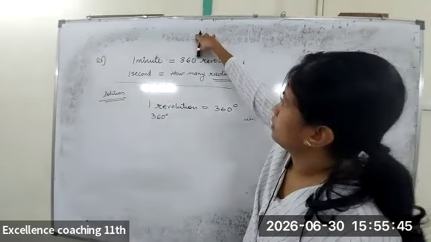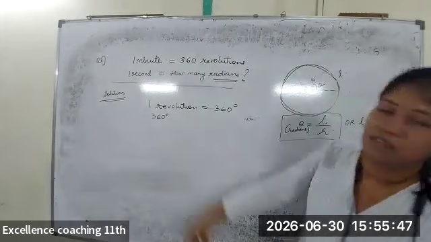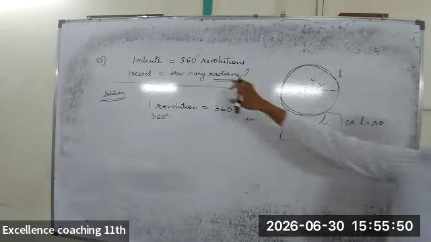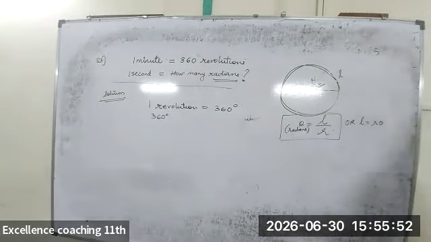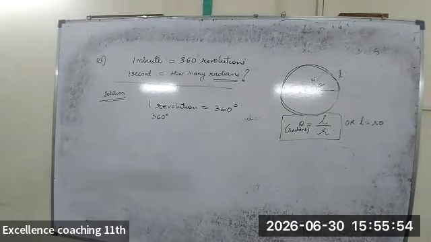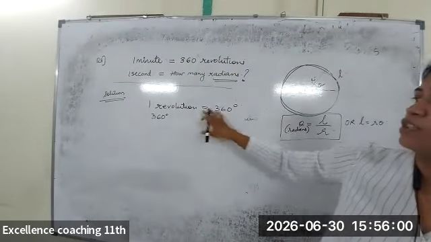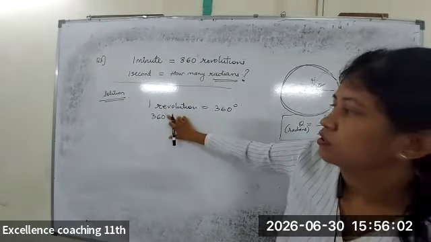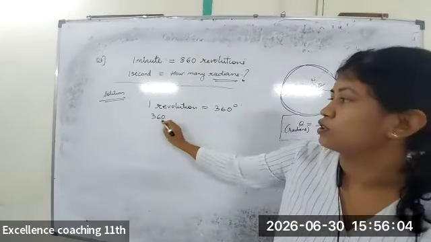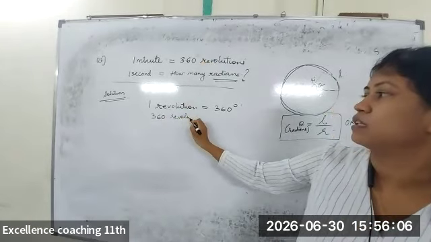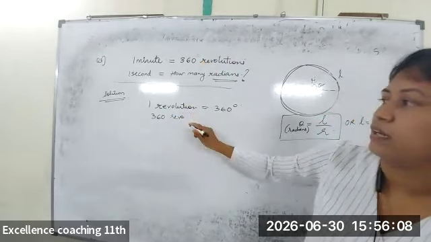That's why I'm thinking. This degree is not there. In the question, it is not there. By mistake, I wrote it there. That's why I'm thinking what I did. Okay. Now it's clear. One revolution is 360 degree. So this I was getting confused. Okay. So 360 revolutions. How many degrees will it have?